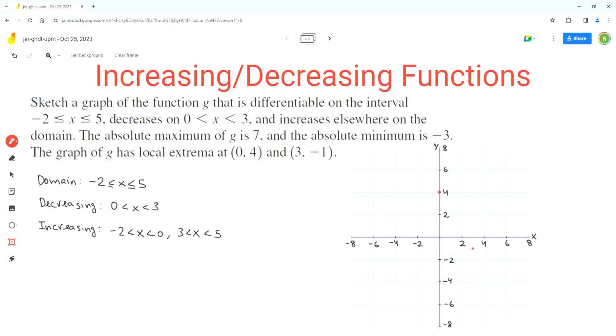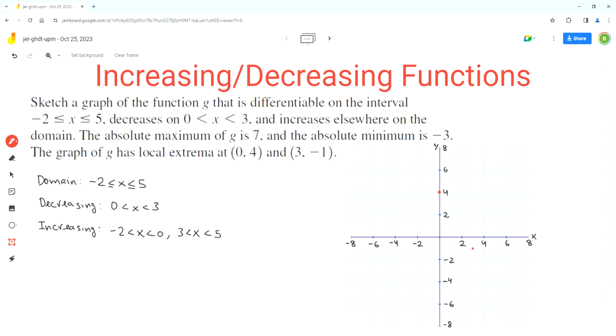So on this part of the graph, we have to go from a lower level to a higher level up to the point (0, 4), because first we are graphing on the interval -2 to 0.